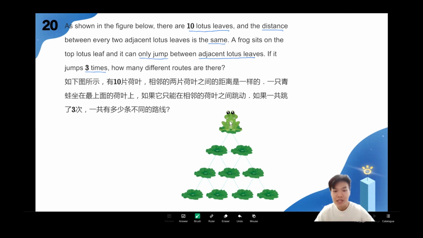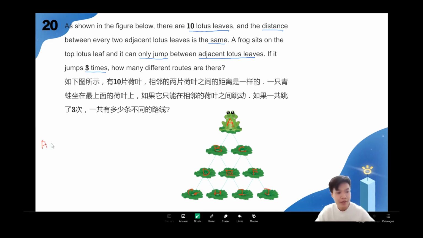Let's represent each leaf with an alphabet letter. We have A, B, C, D, E, F, G, H, I, and J. Let's write out the possible jumps.